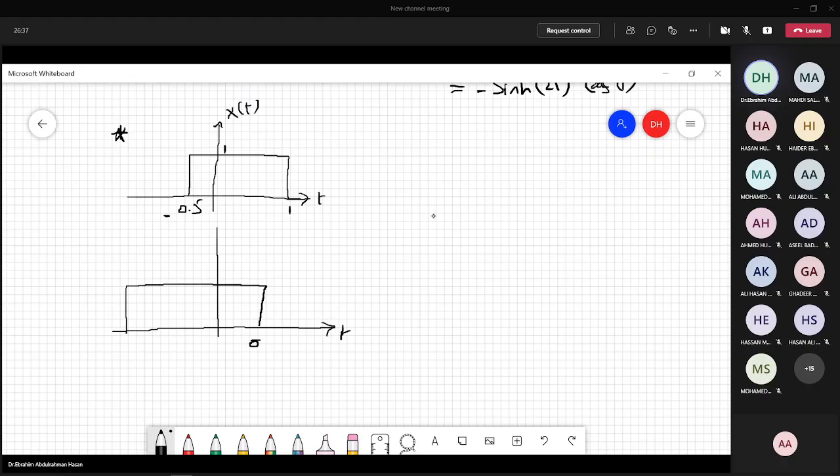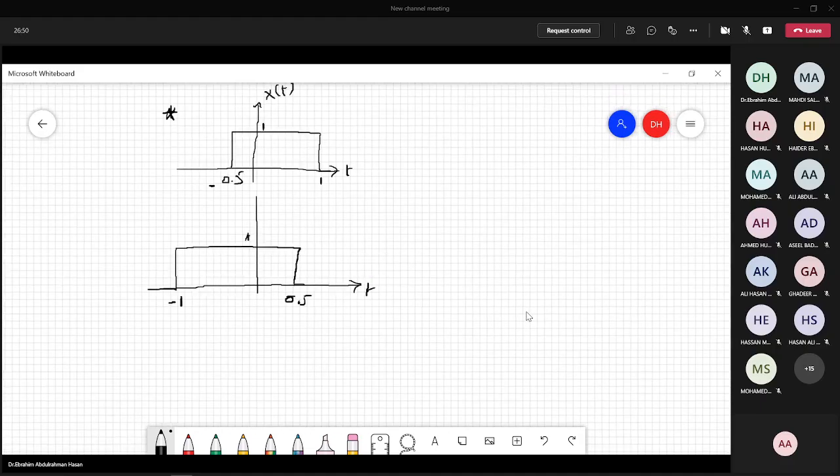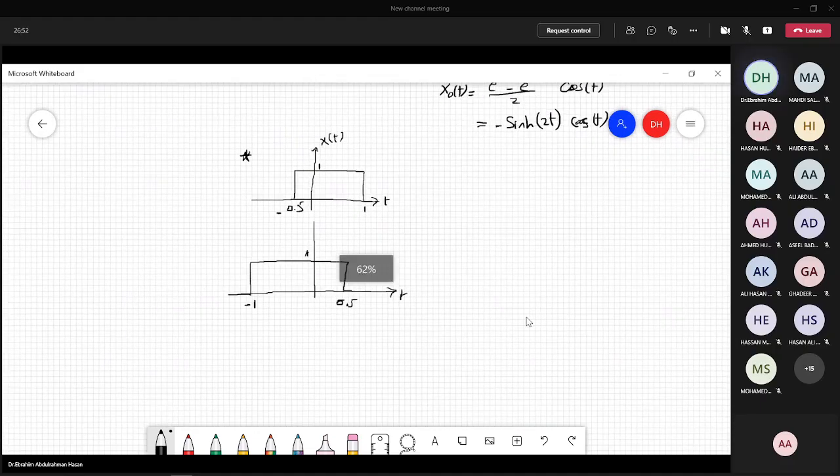This will be 0.5 and here until minus 1. This is 1. So this is x of minus t.